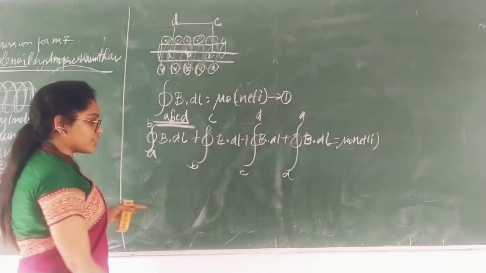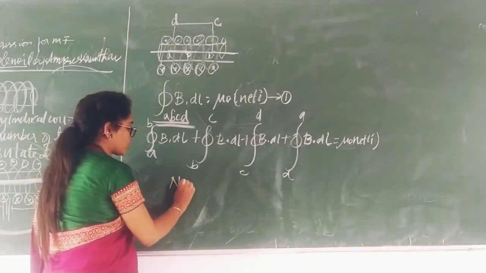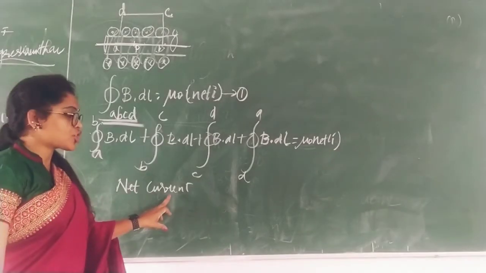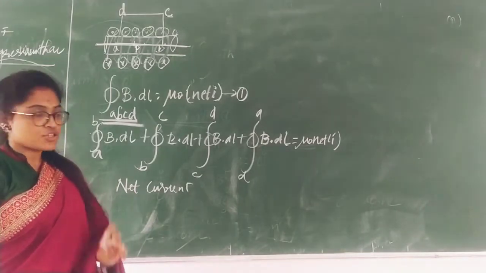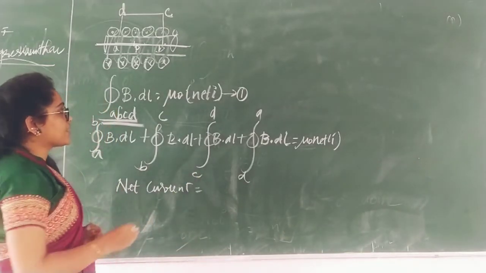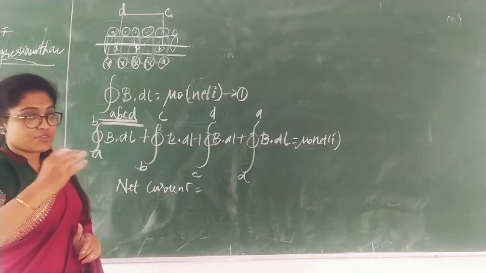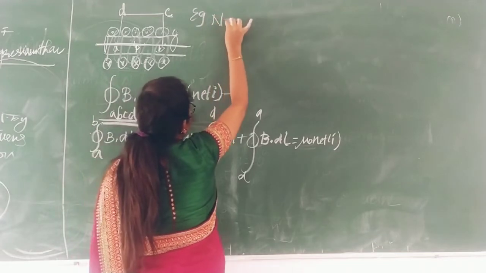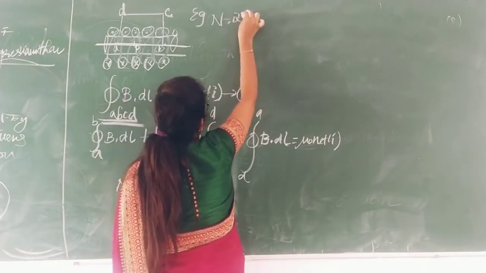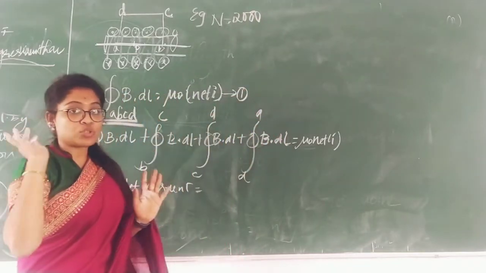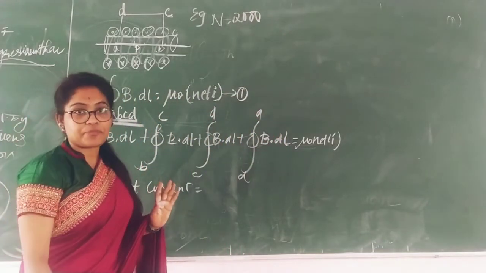First I will consider the net I. To consider the net current, what is my first job? Think of an example. Suppose I have n number of turns, that is, 2000 turns in the solenoid.